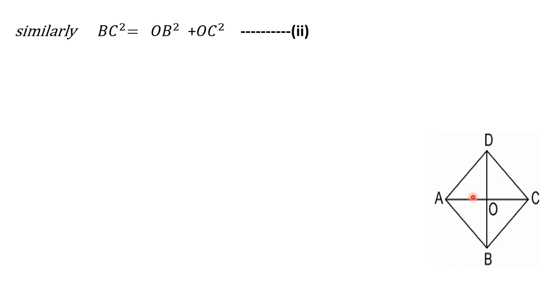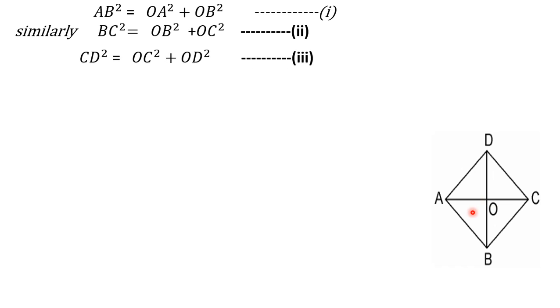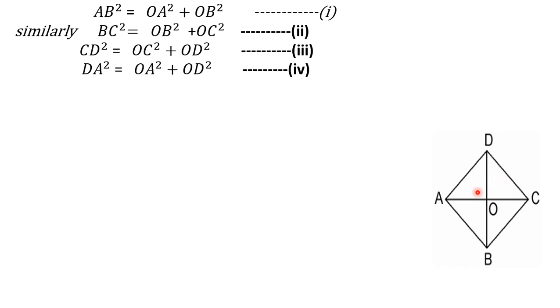So, in all four right triangles, we apply the Pythagoras theorem. Third, in the triangle COD, again we get CD square is equal to OC square plus OD square. Now the last triangle AOD, in this triangle also we get AD square is equal to AO square plus OD square. That is, in all four right triangles we applied the Pythagoras theorem and got the four equations.